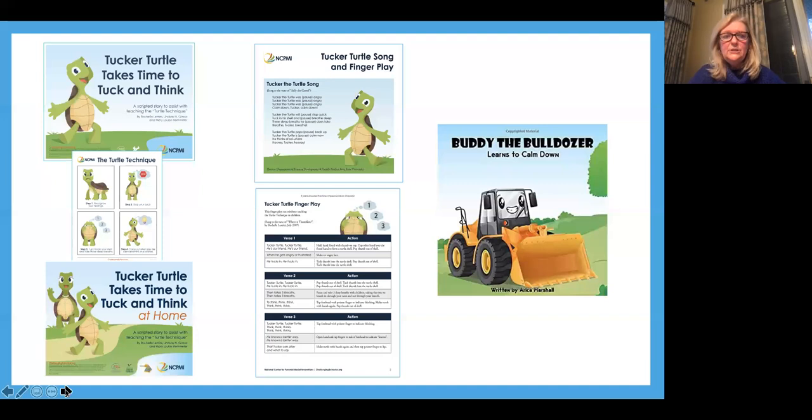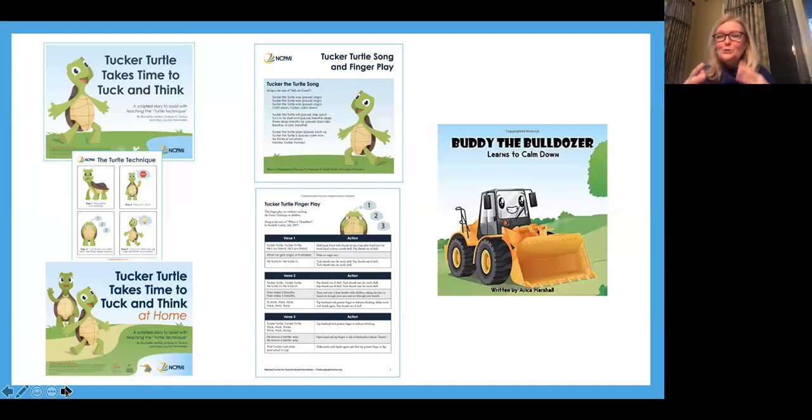But I also wanted to tell you about the Buddy the Bulldozer book. A parent wrote that book. They were using Tucker Turtle in her son's classroom, and he just wasn't relating to the turtle, but he really needed to learn some strategies to calm down, and he loved bulldozers. So she wrote this book, Buddy the Bulldozer, and it is great. They're working together digging, and then Buddy gets mad and his bulldozer starts fuming.